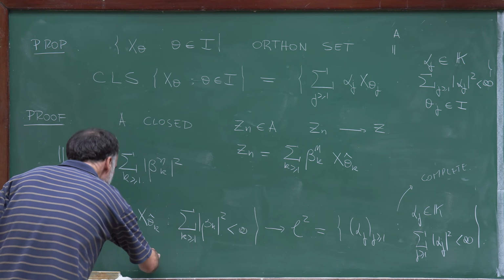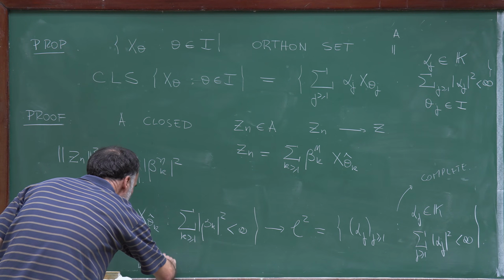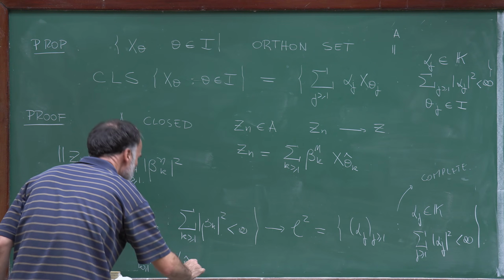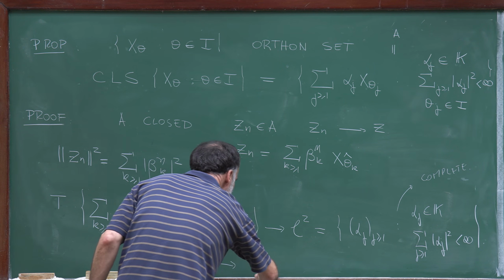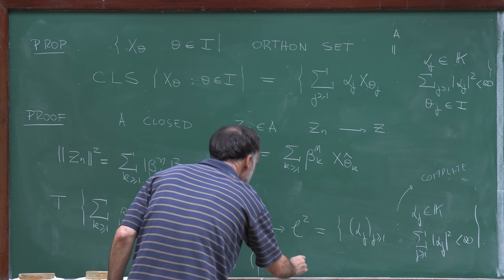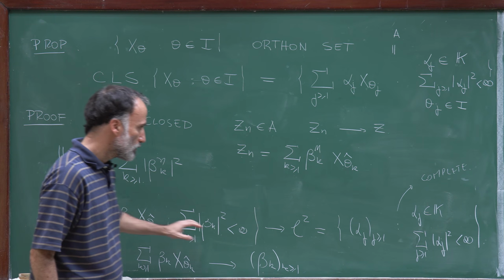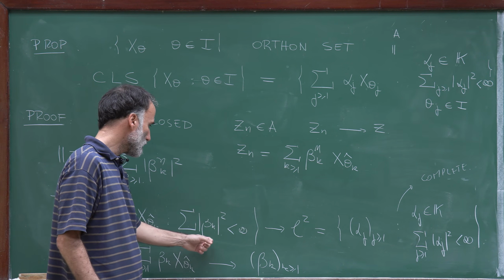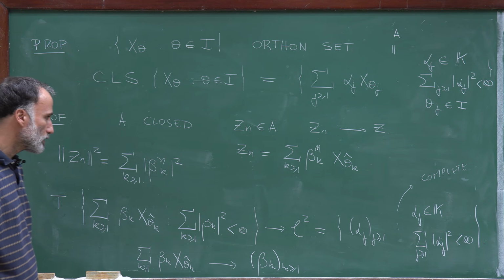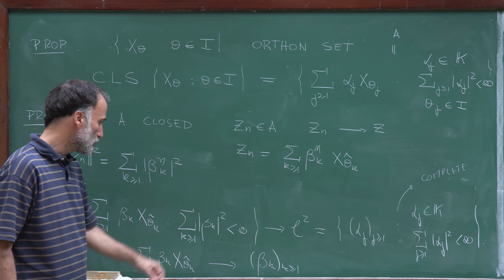So you send the element sum of beta k x theta k to the sequence beta k. So it's clear that this is a map from that set to this set, because I'm assuming that the sum of the squares of the absolute values of beta k is finite. So it's indeed a map from this set to L2.